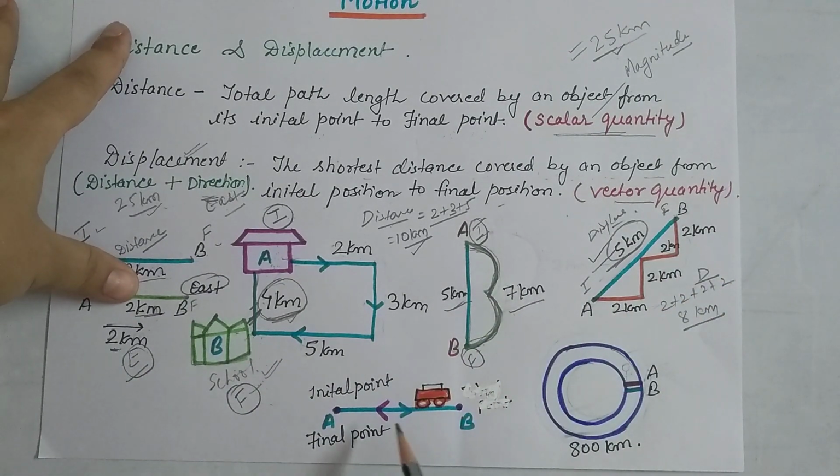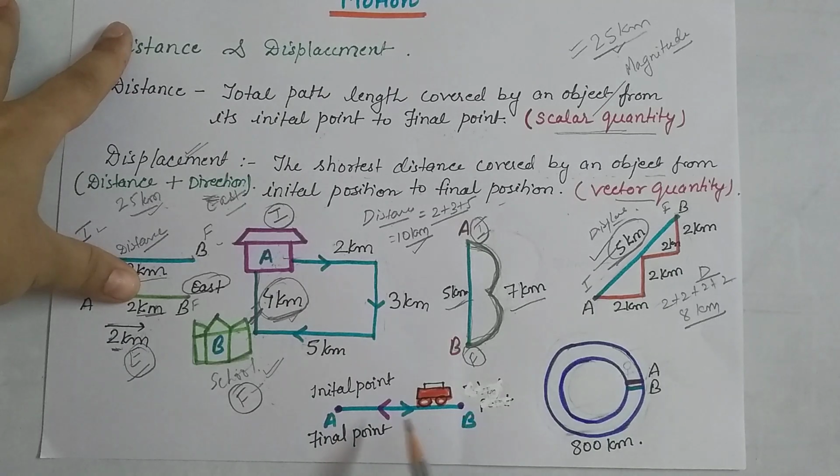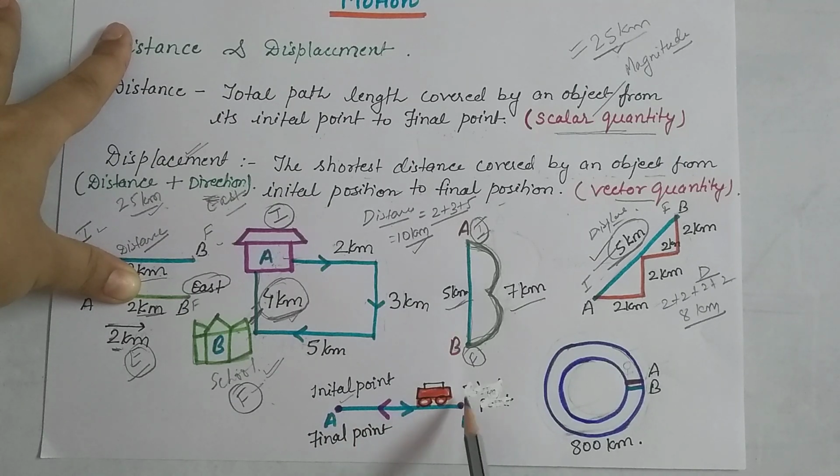Now the fourth one, with an initial point and a final point. Here a bus starts to move from the initial point, goes to point B, and again comes back to point A. So what will be the displacement from initial to final point?